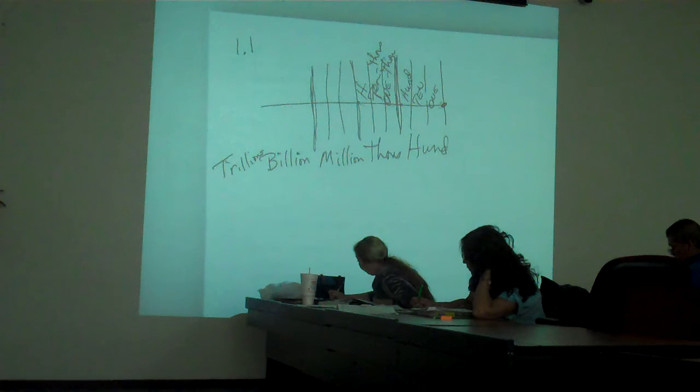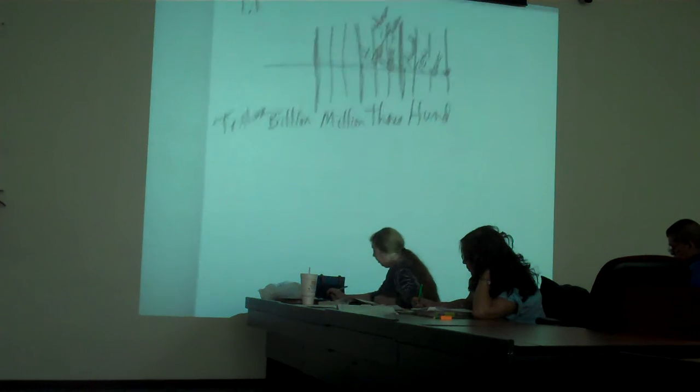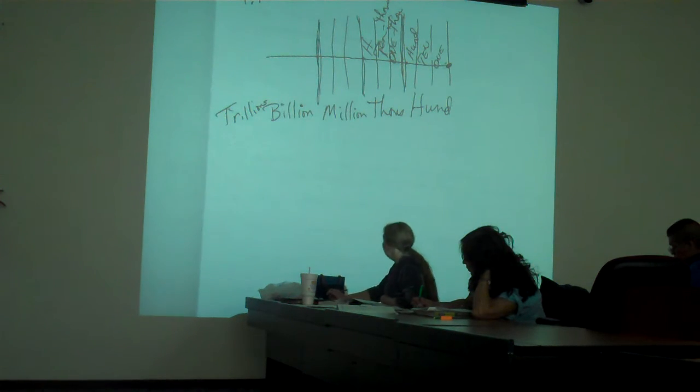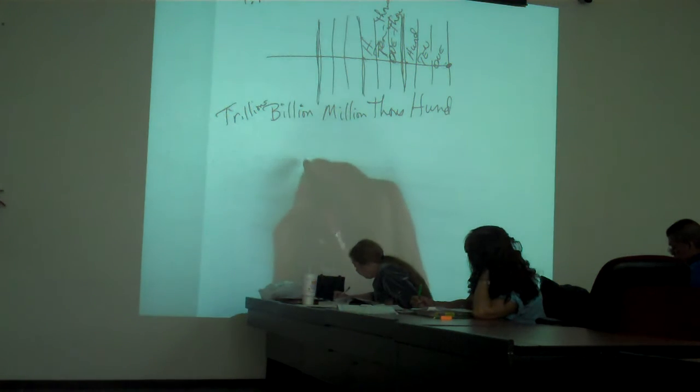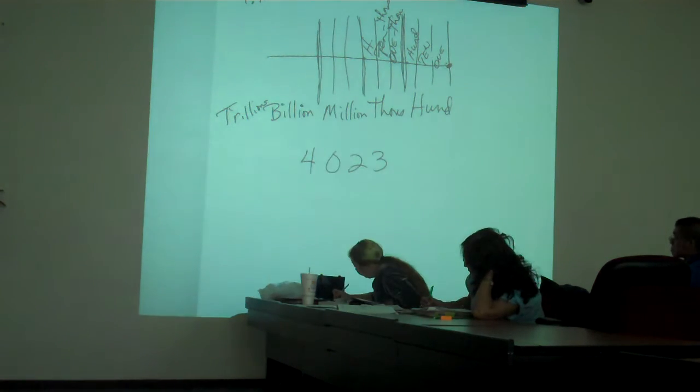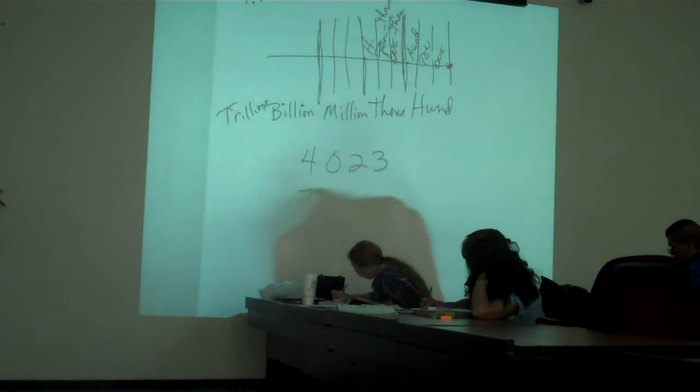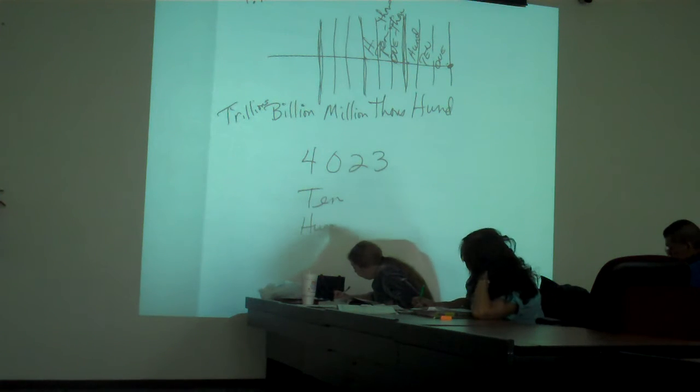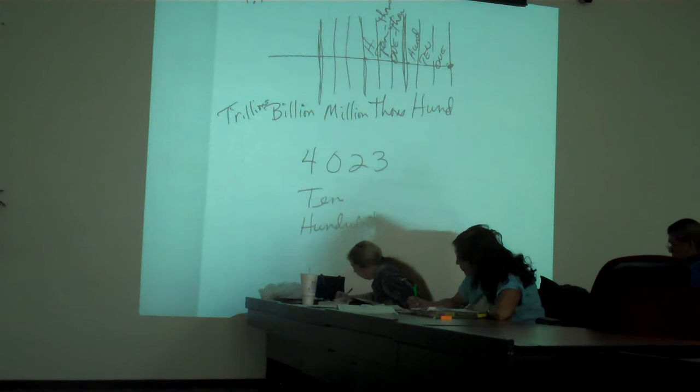The first problems that you're doing tell you to write the digit for the place value. You may have a number like 4023, and it may say 10 and 100,000. We don't have 100,000.